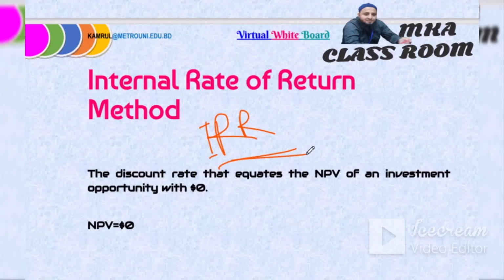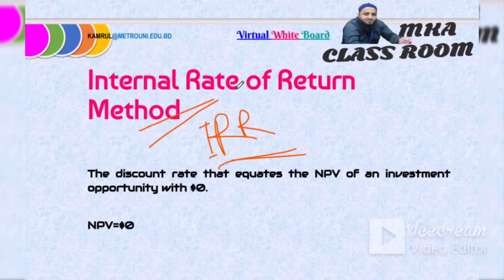So you can see we will use NPV for our capital budgeting decisions, as well as we will use IRR also for making investment decisions.